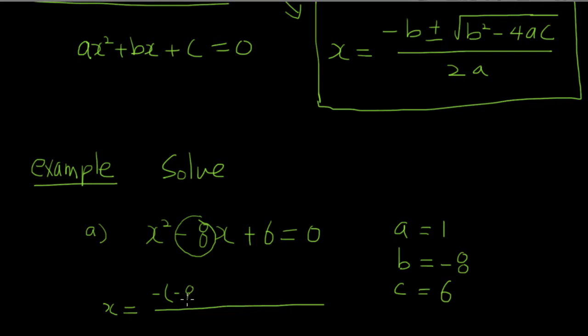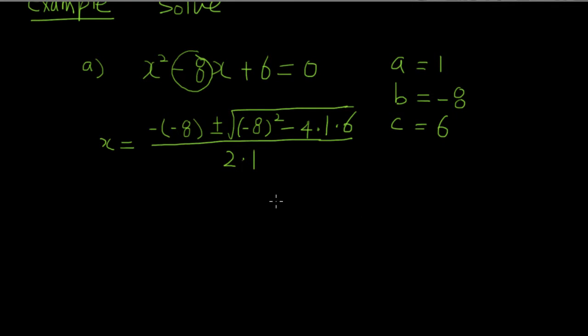Minus negative 8, double negative, plus minus square root of b squared, so negative 8 squared, minus 4 times a times c, that's 4ac, over 2 times a. That's the formula right there. So we just identify a, b, c and we put it right there. And all we need to do now is simplify this.